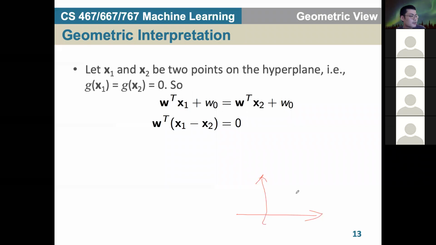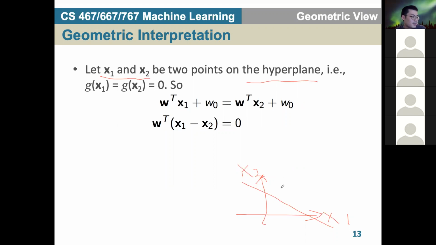We have x1, we have x2, and we have this line, and we assume these two points are on the hyperplane, on this line in two dimensions. In this case we cannot call them x1, x2, so this is a little bit confusing.